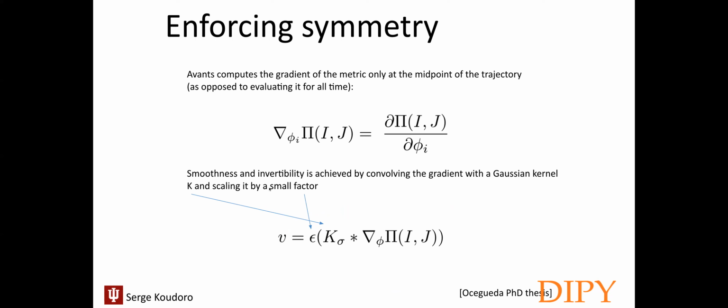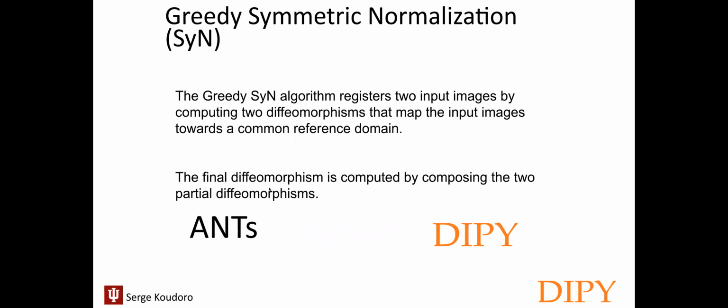The smoothness and invertibility are achieved by convolving the gradient with a Gaussian kernel K and scaling it by a small factor epsilon. At the end, the SyN algorithm registers two input images by computing two diffeomorphisms that map the input images toward a common reference domain. The final diffeomorphism is computed by composing two partial diffeomorphisms.